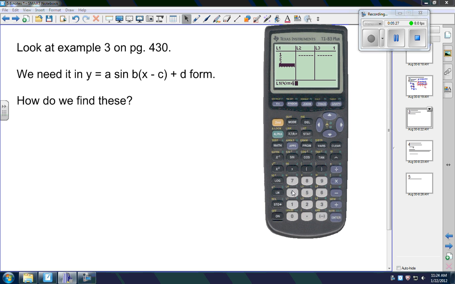Each of the months is just going to be represented by a number, and those are our X values. Over in L2, here are the temperatures again if you don't have your book at home with you.